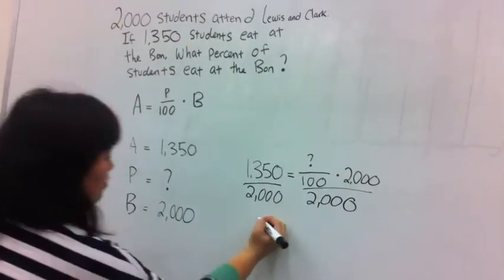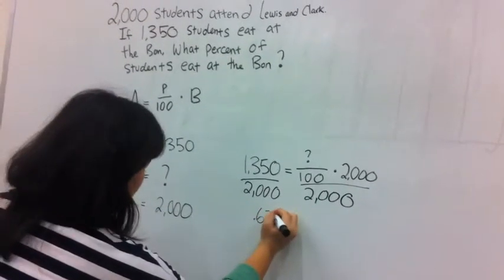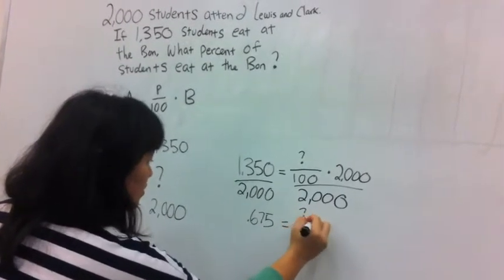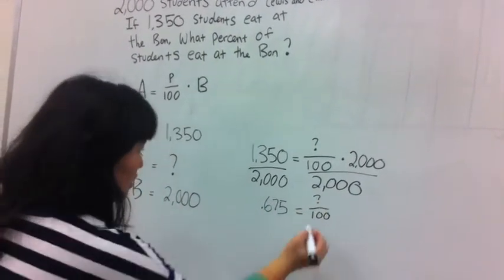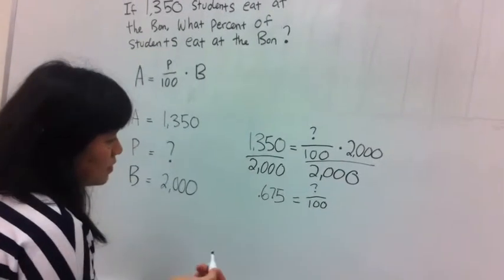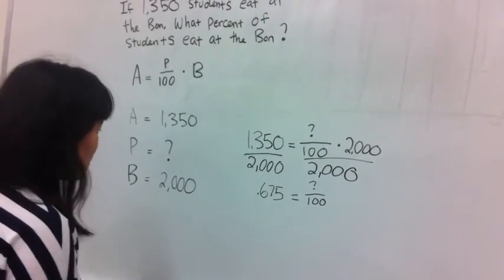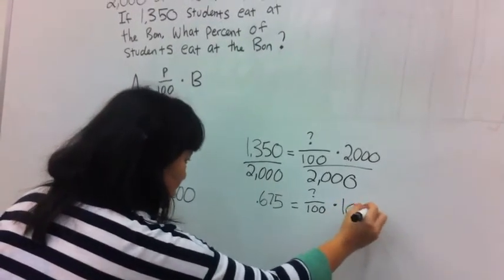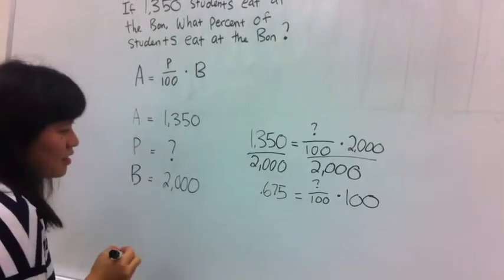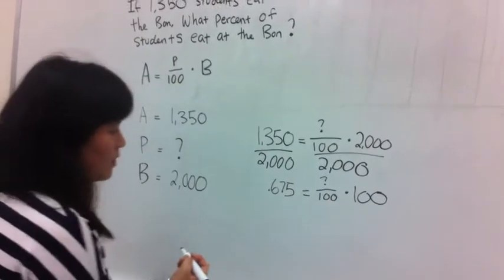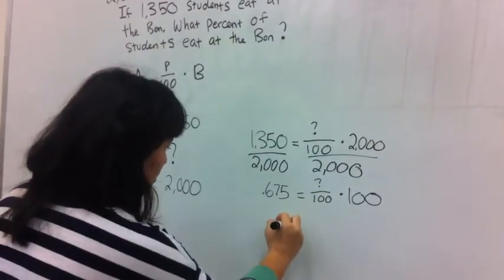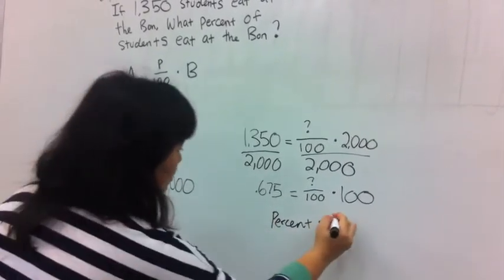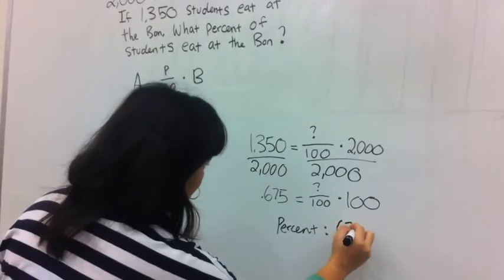And so we would get 0.675 equals the percent over 100. And so next we would want to multiply by 100. And so by doing that, we would find that the percent of students that eat at the bone is 67.5.